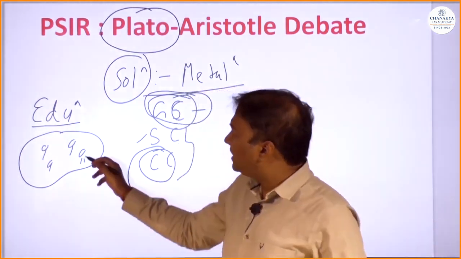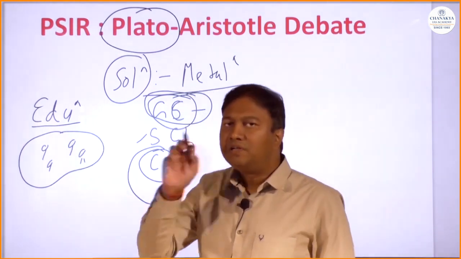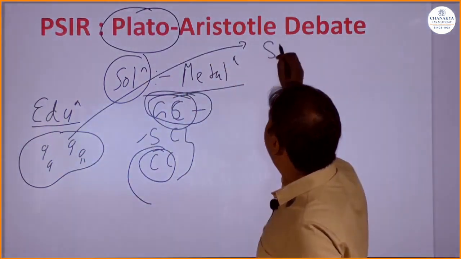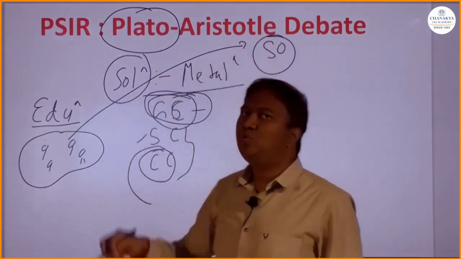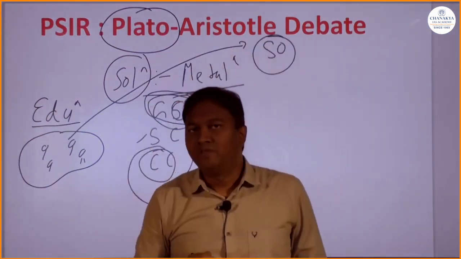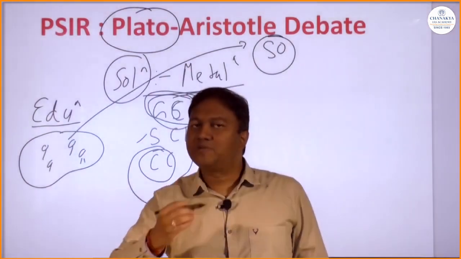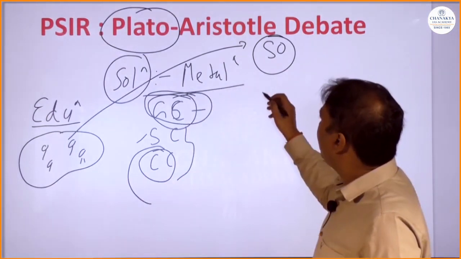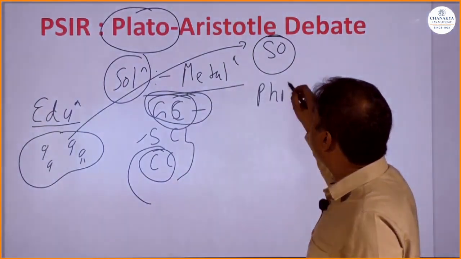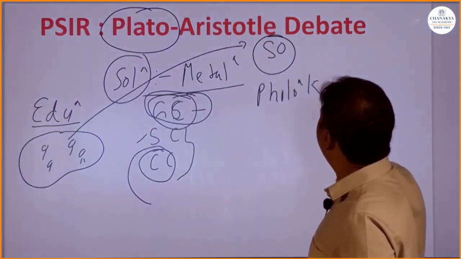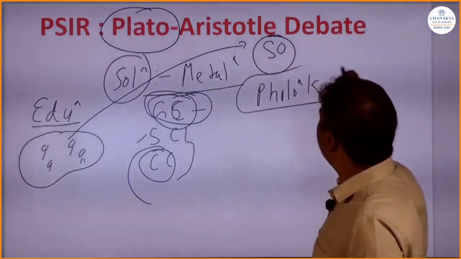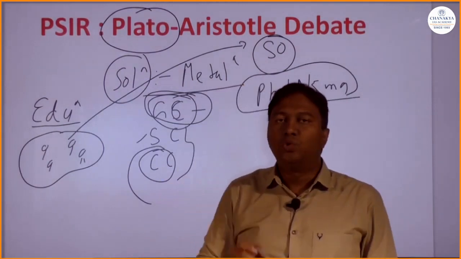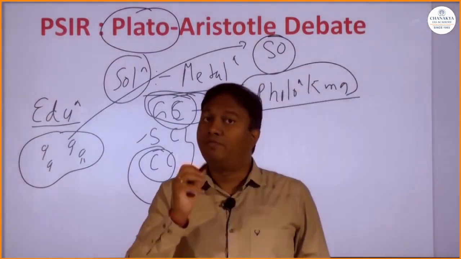So Plato says among all these children, the people who will be in a position to pursue education up to the age of 50, any person who keeps his journey of education up to the age of 50, will be called a philosopher king. Philosopher king means a person who completes the education up to 50.